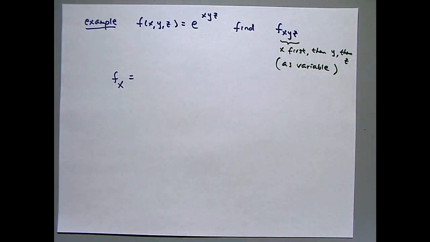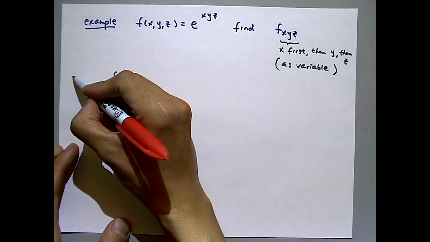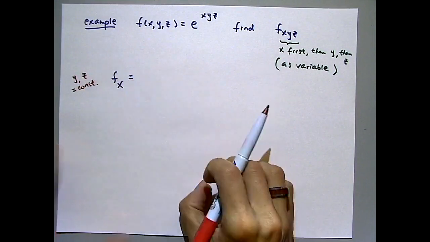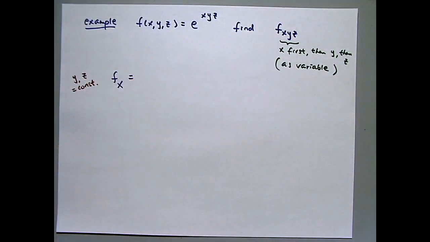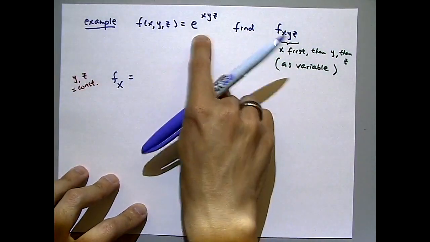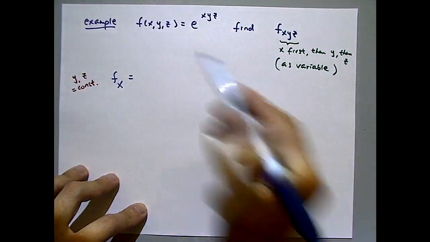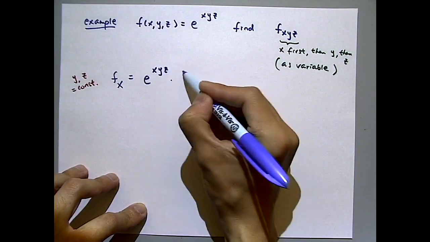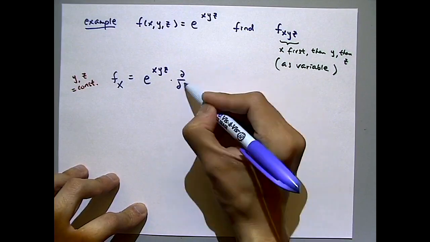All right, first step, f_x. Remember, y, z are constants. So what do we get? Remember, exponential here, the derivative of an exponential is whatever that exponential is, times the derivative of the power.